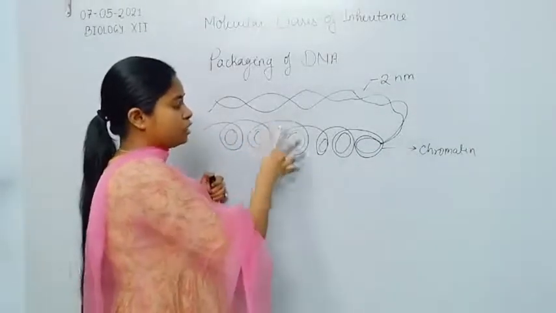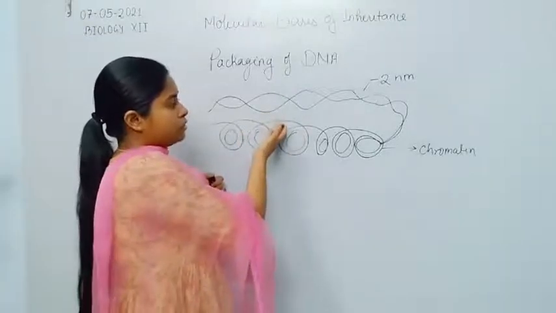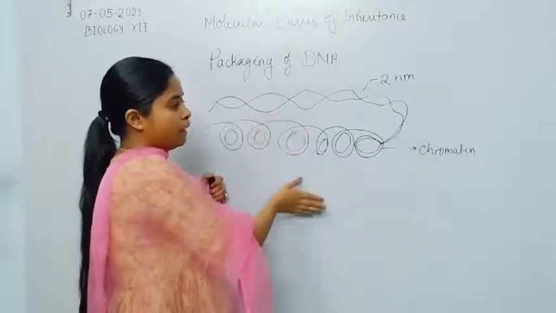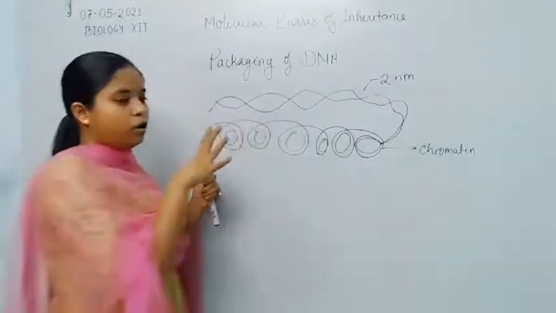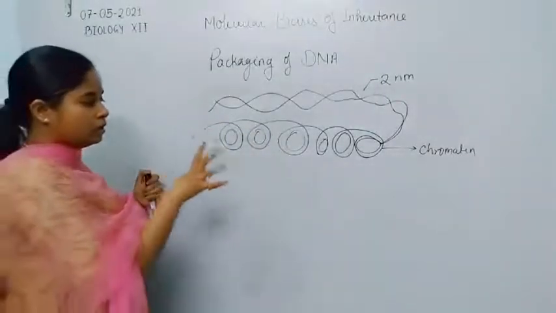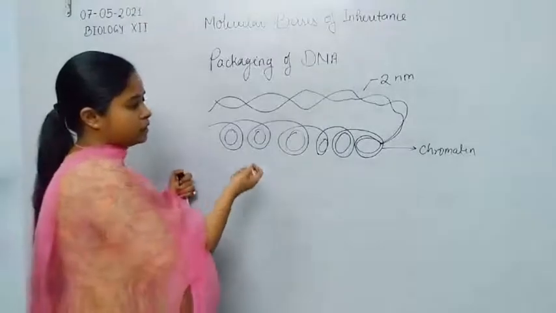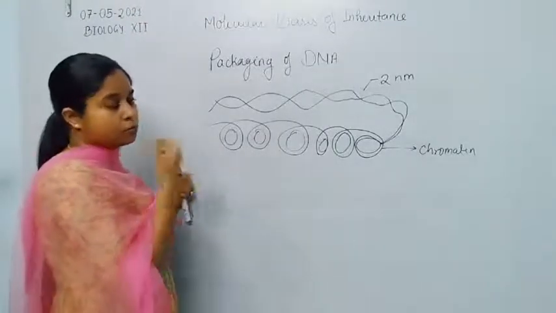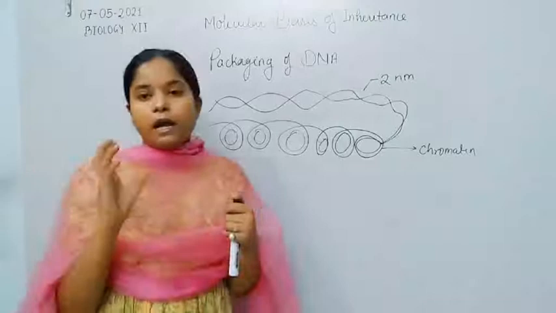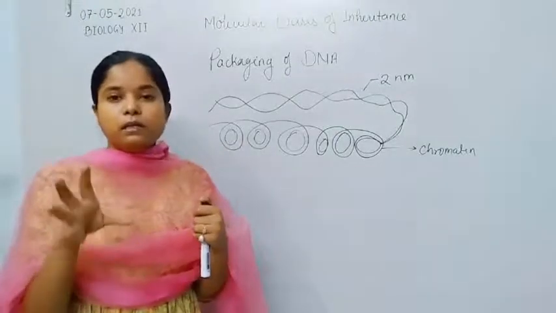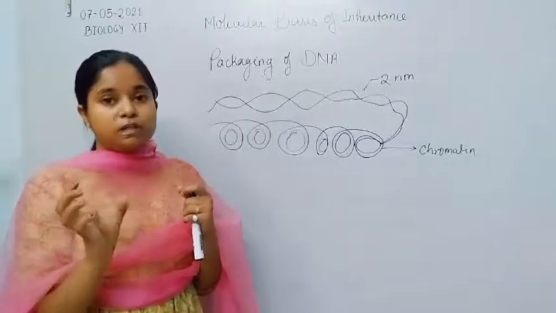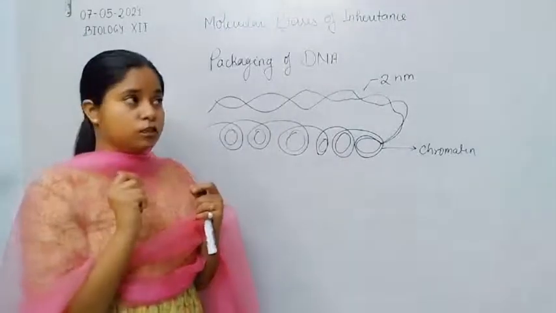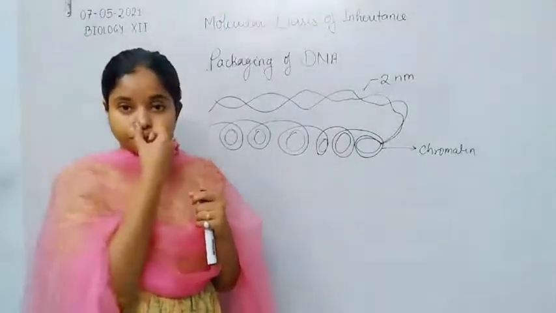The codes present on the DNA molecule are copied onto the mRNA molecule, so the mRNA gets that code or message and transfers into the cytoplasm, where it connects with the ribosome or rough endoplasmic reticulum to undergo the protein synthesis process.